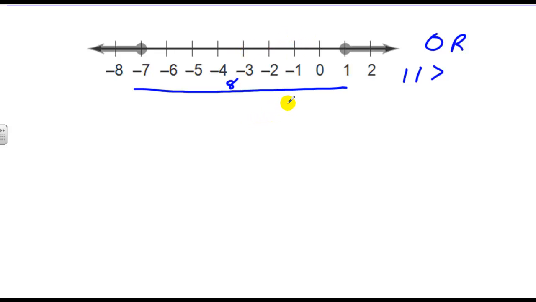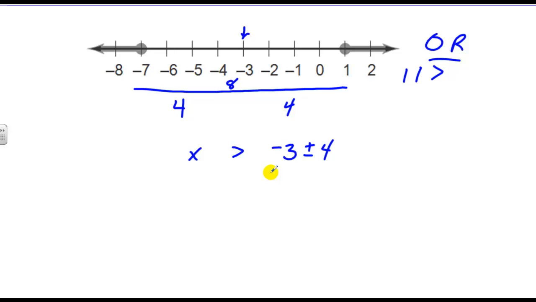So if I count 4 on either side, that's going to split it. 1, 2, 3, 4 puts me at a negative 3. And on either side, I'm going to have 4. So that's like adding or subtracting 4. And that's going to be, once again, since we're moving to an or problem, greater than.